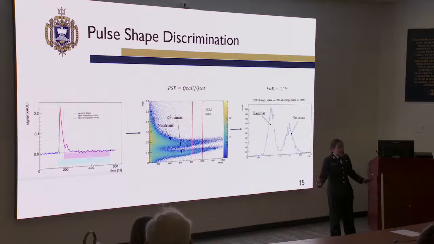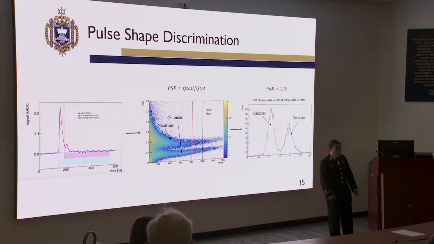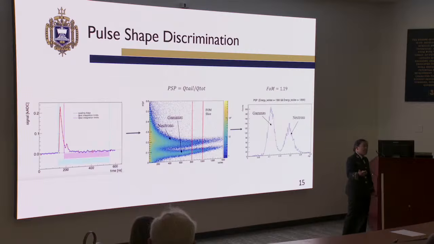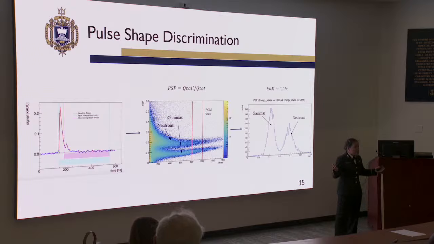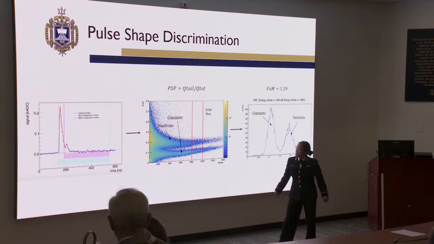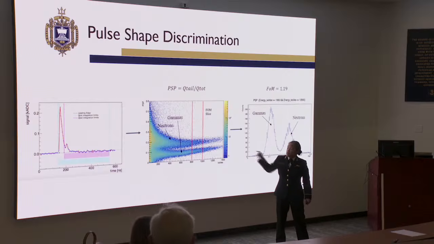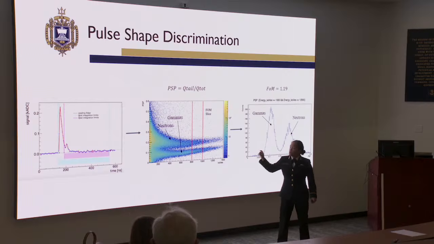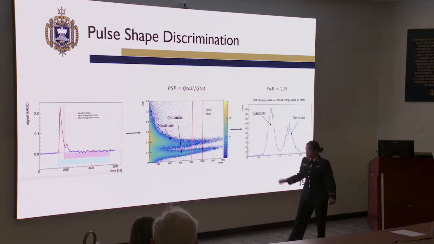So we have our chemical formula. We decided on our base monomer, and we decided on our crosslinker. Then we add in the lithium, and how do we discriminate the radiation? Well, I'm going to go back to our singular waveform. It's flipped this time, but we're going to take the integral of the end of that pulse, so the tail of the pulse, and we're going to divide it by the integral of the total pulse.